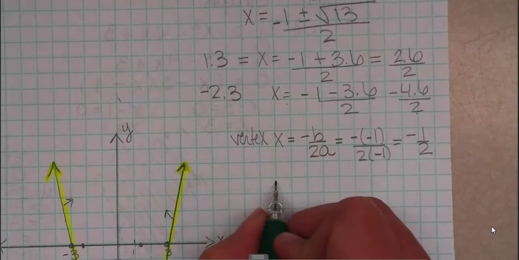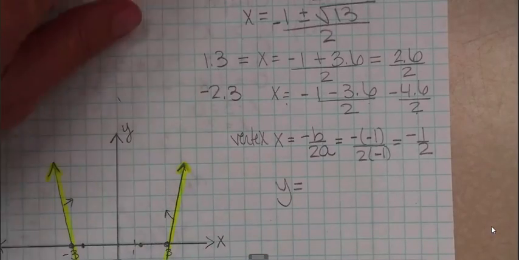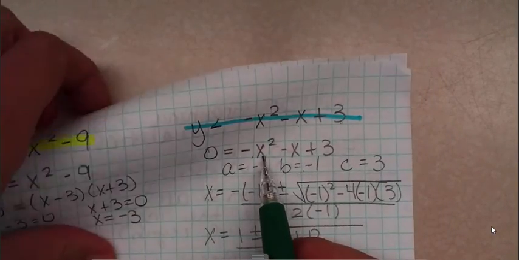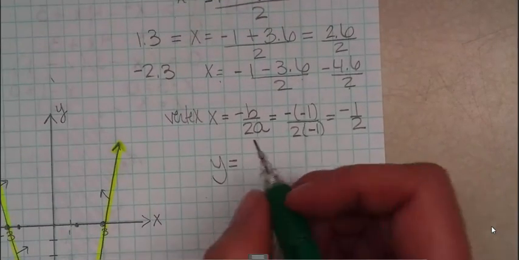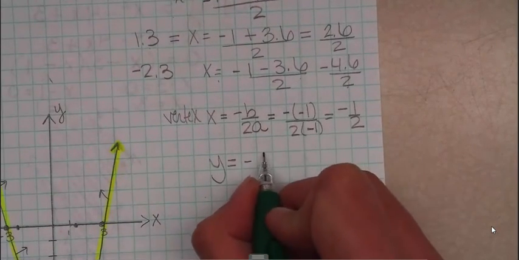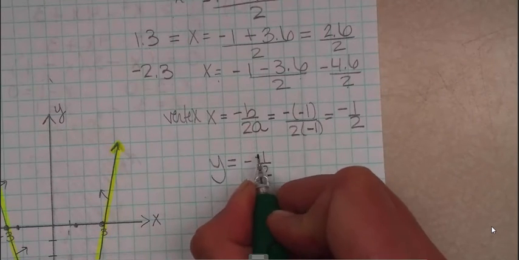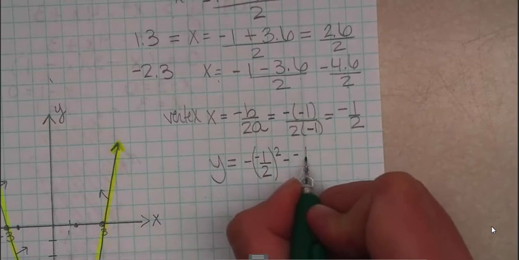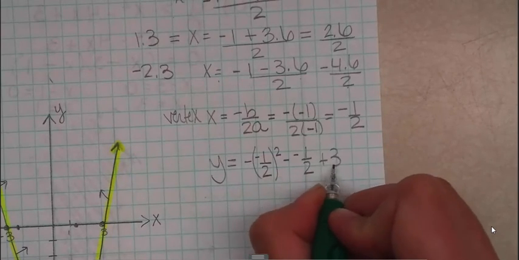And now I need to figure out what my y is going to be. So I have to actually plug that back in to my original equation. Okay, so that's what I'm going to do right now. So a -1/2 squared minus a -1/2 plus 3.